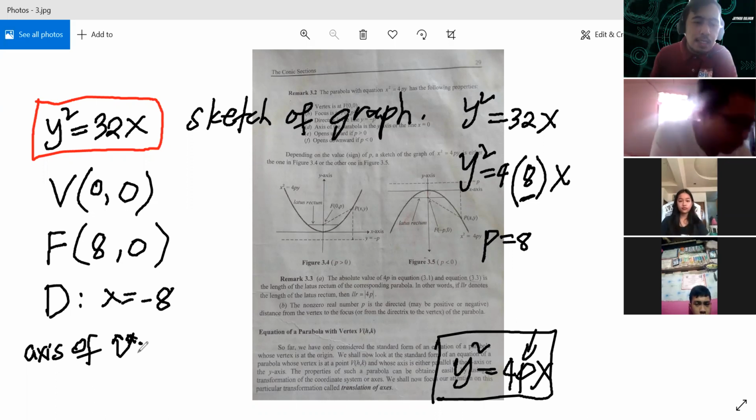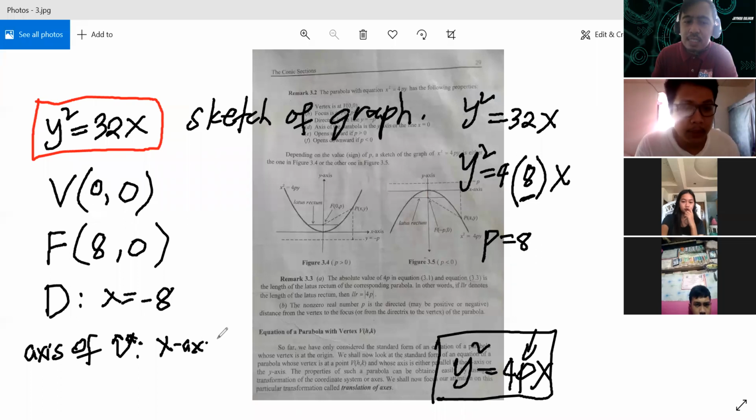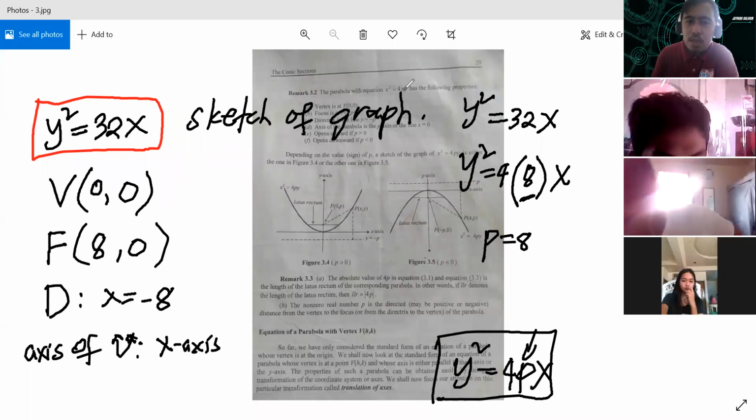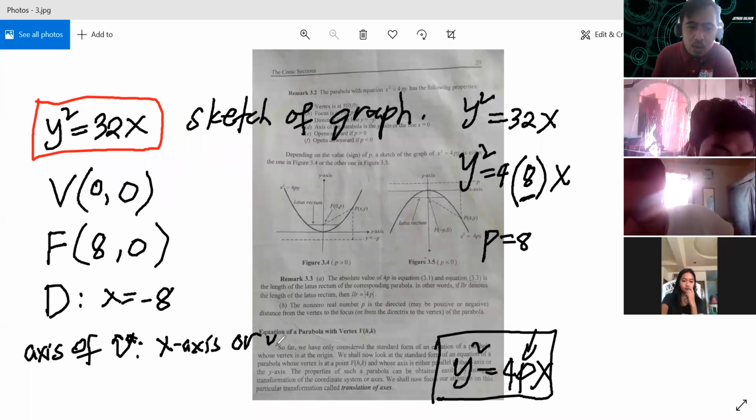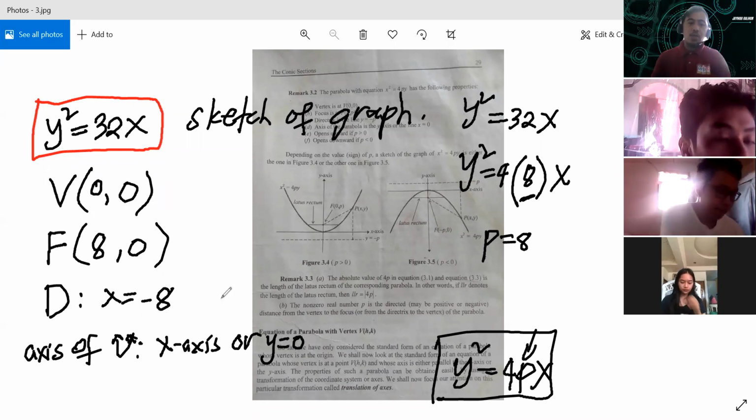And for the axis of the parabola, since it is in y squared equal to 4px, the axis is the x axis, right? Or it is the line y equal to 0. Now, what is the direction of your parabola?